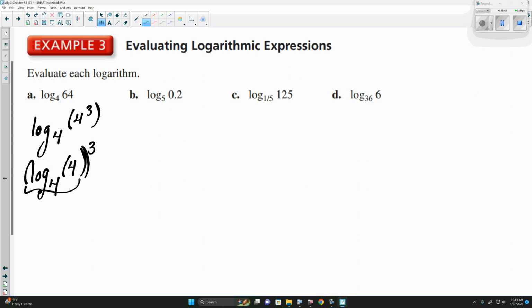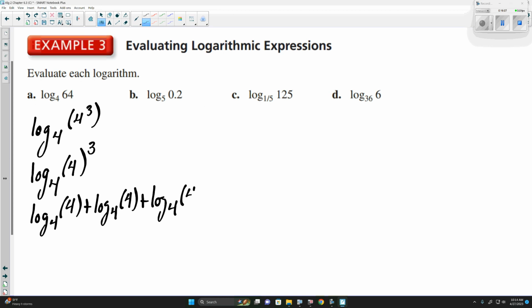Log base 4 of 4, as we've seen already, is 1, and because we have 3 of them, once, twice, 3 times, and each one of these is 1, the whole thing is 3.